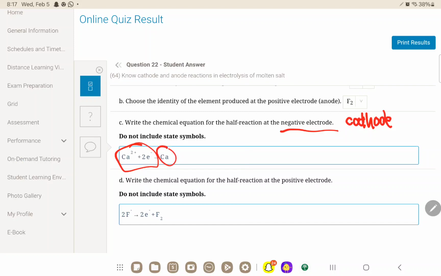And when you're writing for any halogen, or any diatomic substance, you're going to start off with 2. The ion and its charge gives off, if it's oxidizing, at the anode, 2 electrons plus the gas itself.